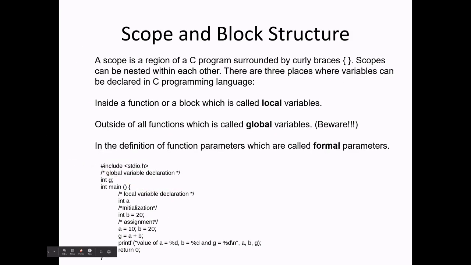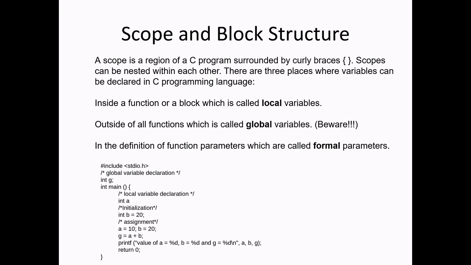So, scope and block structure. In C, scopes are defined by those curly braces that happen when you hold Shift and type one of the square brackets to the right of the P key. Scopes can be nested within each other, and they determine how variables can see and talk to each other.